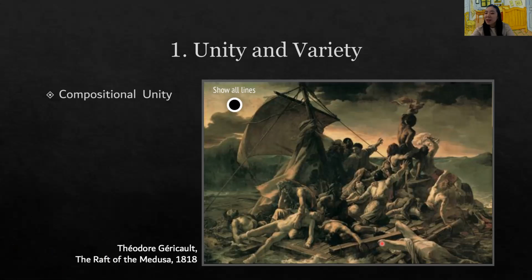It looks very dynamic. We learned horizontal and vertical and diagonal. Which line can you find in this painting? Diagonal, yes, diagonal.